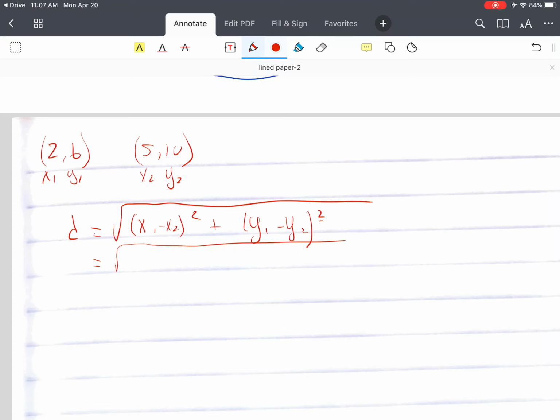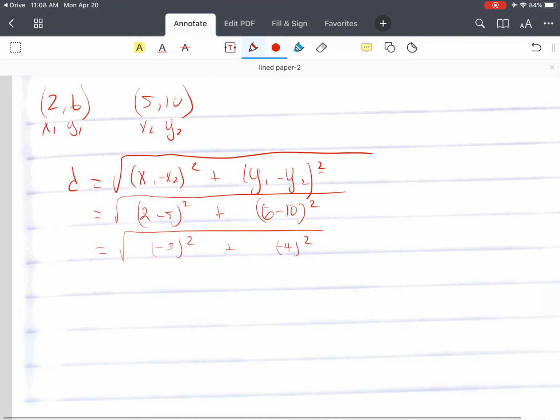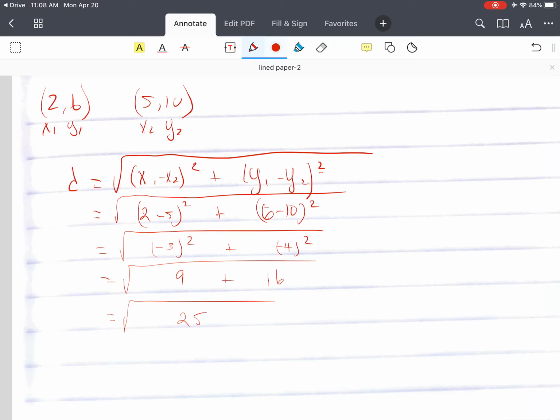Okay, so let's just fill it in then. x1 is 2, x2 is 5, so we're going to do 2 minus 5 squared plus 6 minus 10 squared. 2 minus 5 is negative 3 squared plus negative 4 squared. That's going to be 9 plus 16. That's 25, which is 5. So it works.